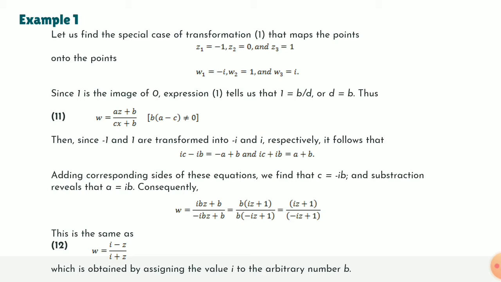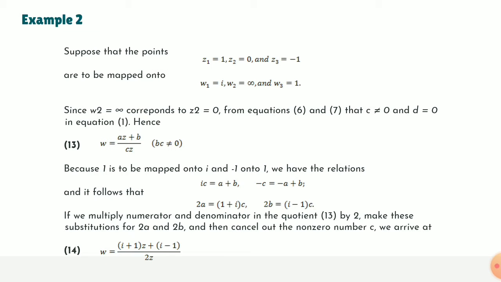Consequently, w is equal to (ibz + b) over (-ibz + b), which equals (iz + 1) over (-iz + 1). This is the same as w equals (i - z) over (i + z), which is obtained by assigning the value i to the arbitrary number b.